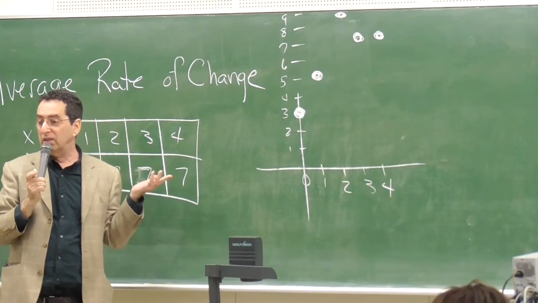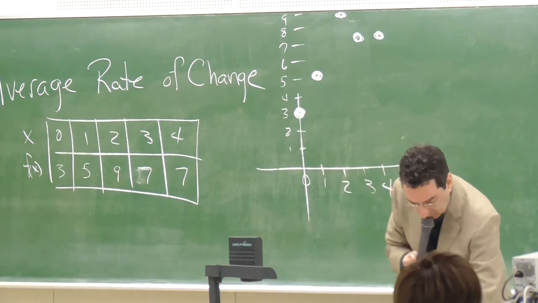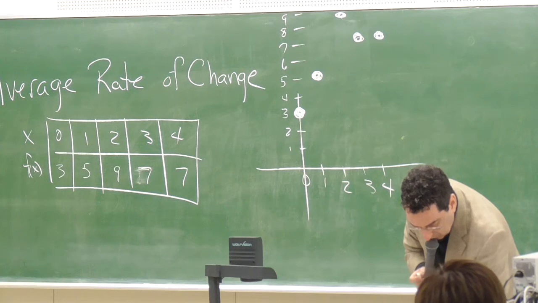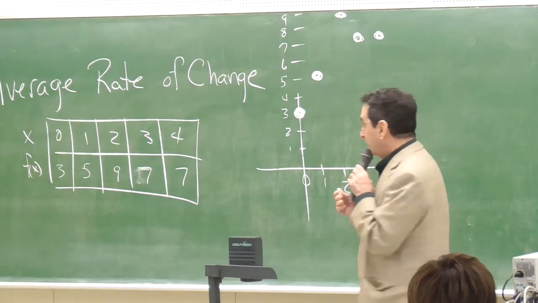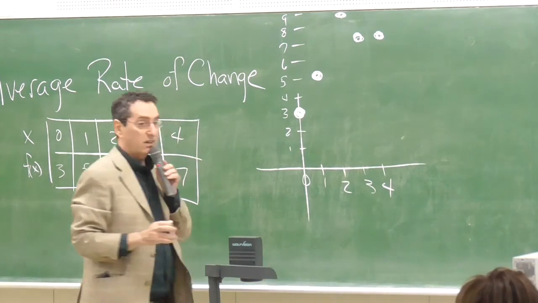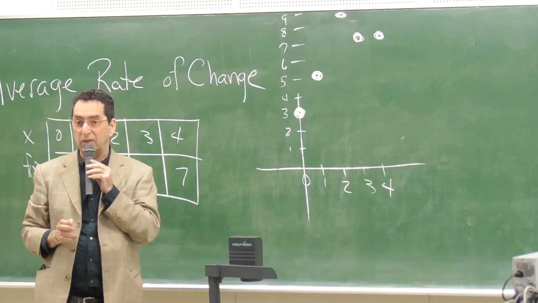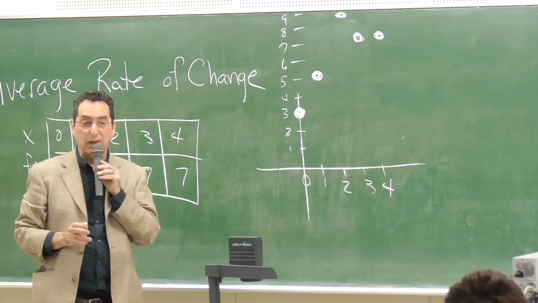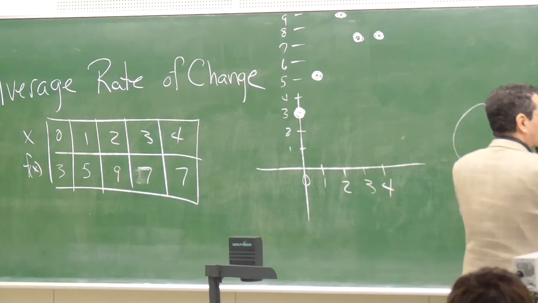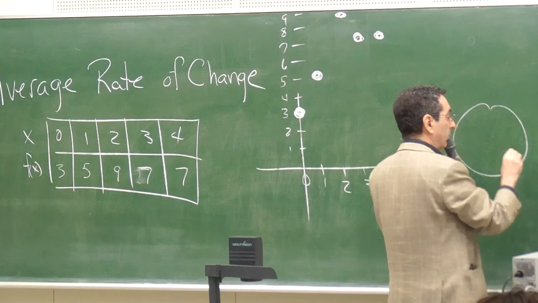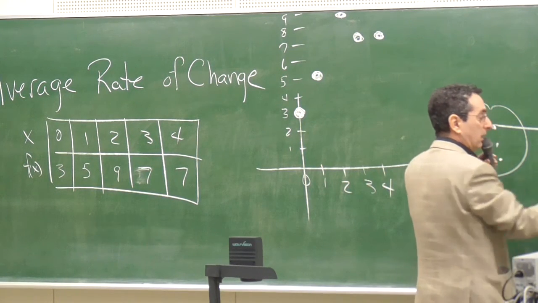And I can ask, first of all, does this represent a function or not? What's the main qualification that we need to satisfy in order for it to be a function? The main qualification is that you have the domain, you have the range, and points in the domain get mapped to points in the range.